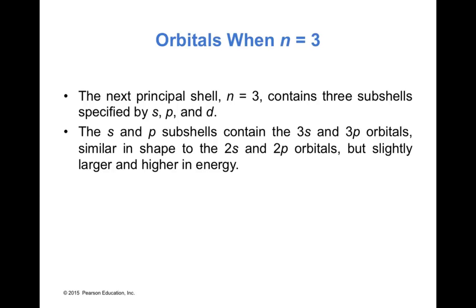Remember that we're going to have just one 3s and three 3p orbitals. So in the n=2 shell, we have one 2s and three 2p. Now, with n=3, we're going to have the 3s, the 3p, and also the d subshell, which will contain 5 d orbitals.